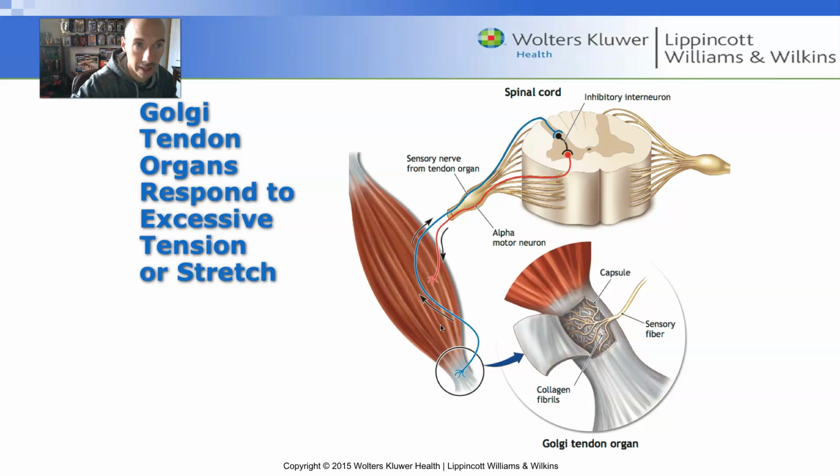Which is probably a good thing, because if somebody's not well trained in resistance training and they try to bench press 135 pounds, they could tear a muscle, right? The tension is going to be too high because they do not know how to use their muscles in the appropriate way to move that weight, okay? So the Golgi tendon organ is there to help minimize the risk of injury.